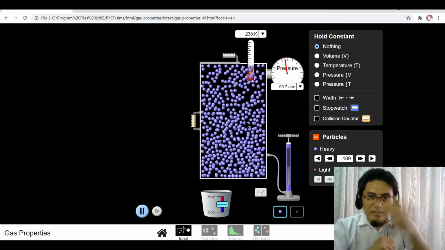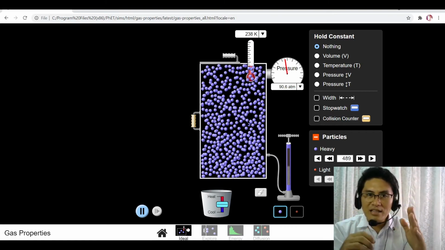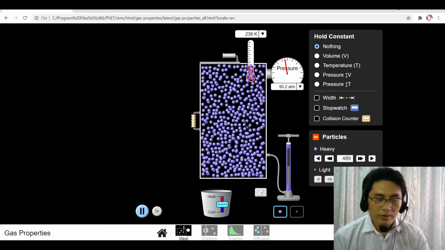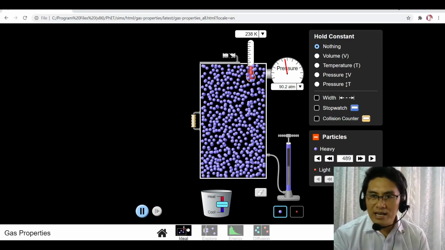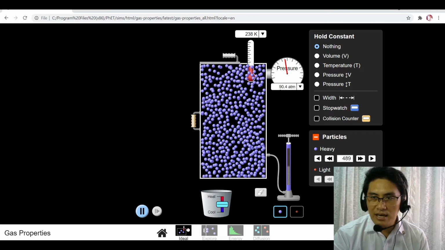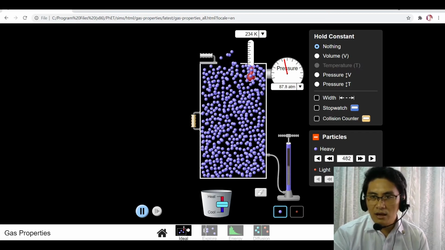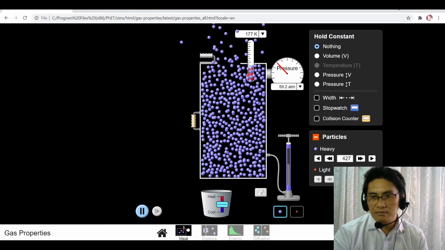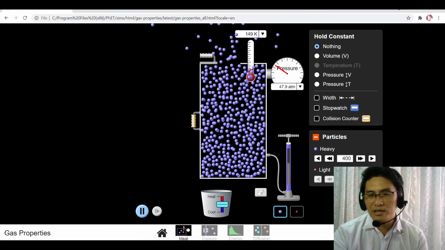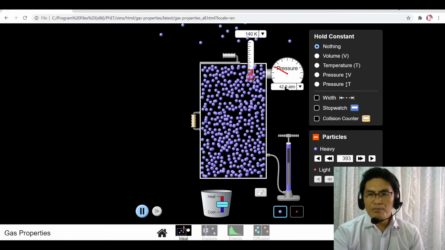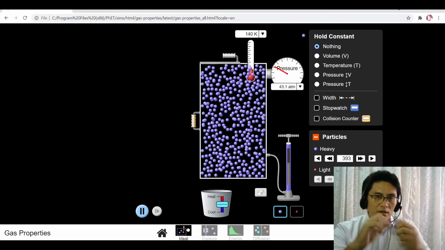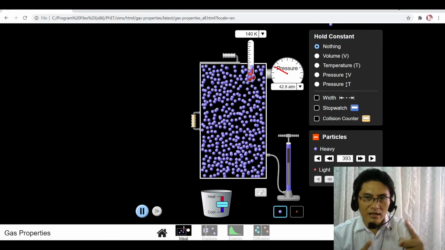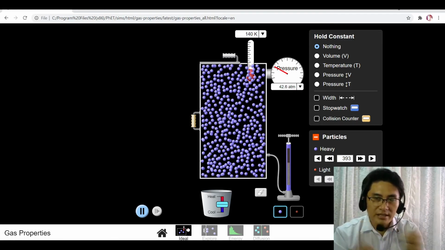More particles will be hitting the walls, and so more force, and you did not change the area, so the pressure becomes higher. If I release, look at the pressure now, it is 90 atm. If I release some of that gas, I let some particles escape, so I am decreasing the number of particles inside. Now the pressure is just 42, because some of it escaped, only a few particles are inside, meaning only a few particles are hitting the walls.